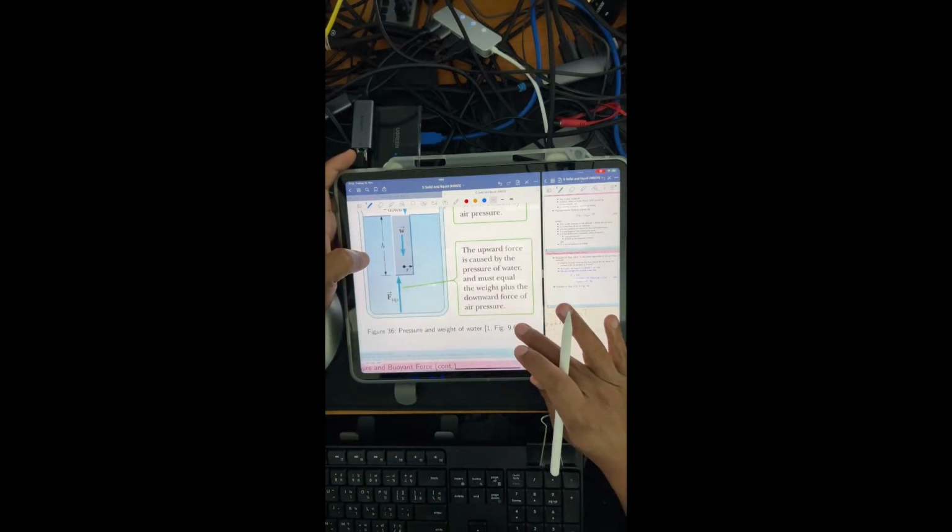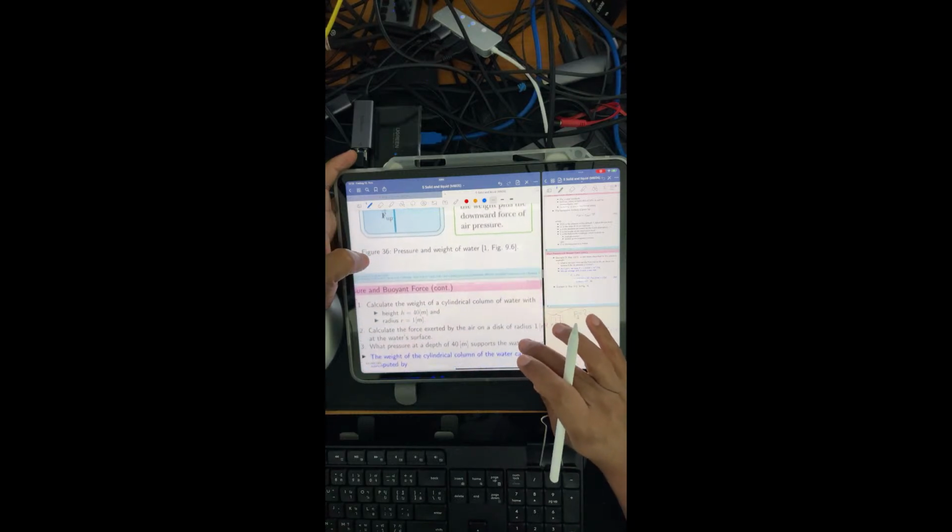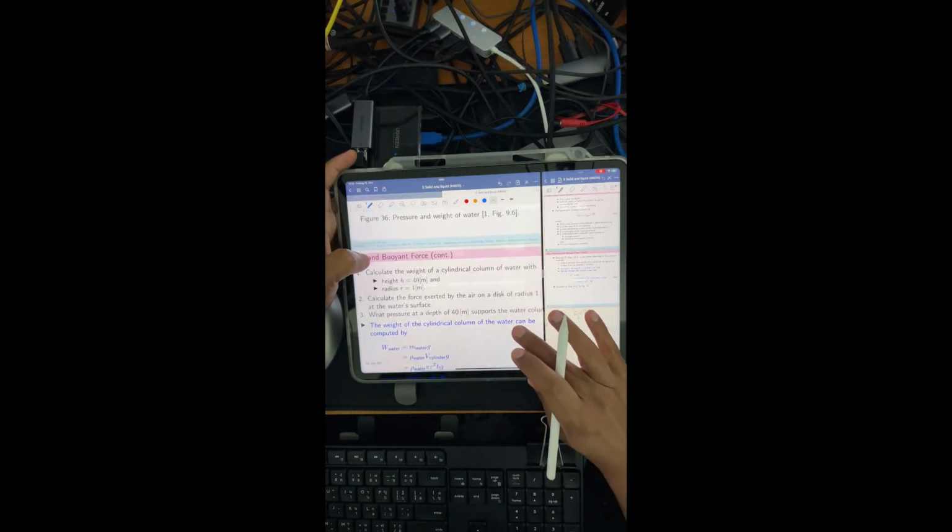We consider the equilibrium state. If the force is not in balance, this water is going to move downwards, and you will see it in a different way. Pressure of the water inside the glass, right?